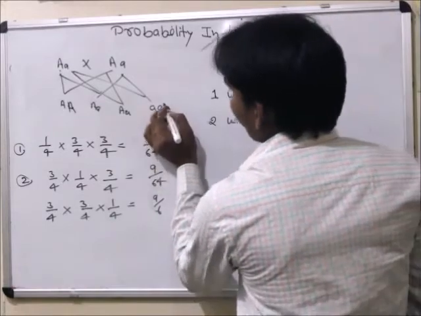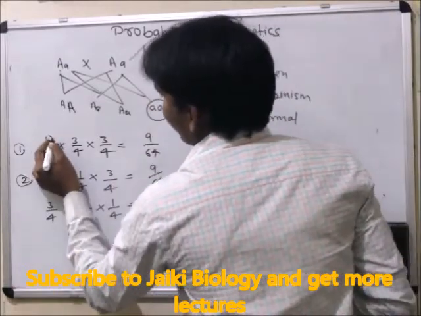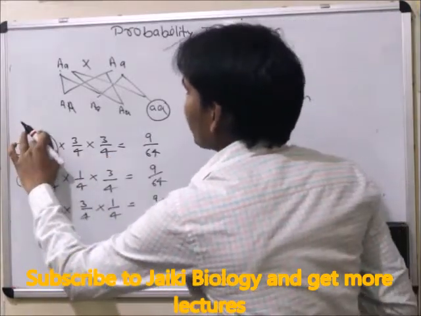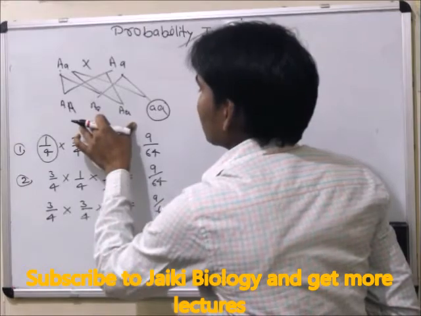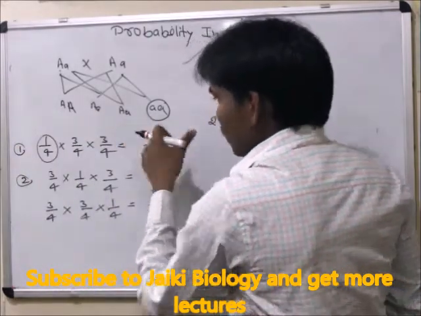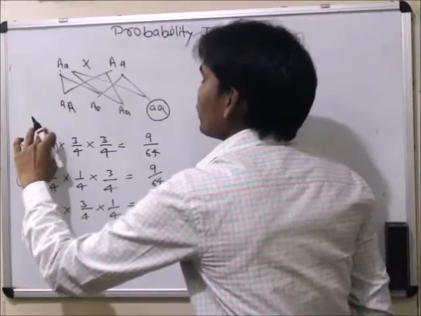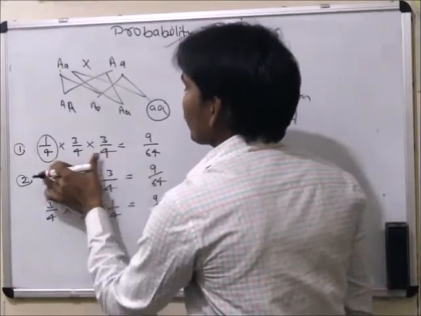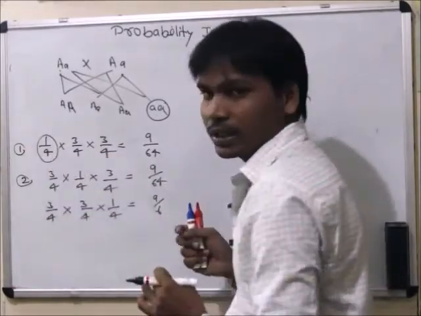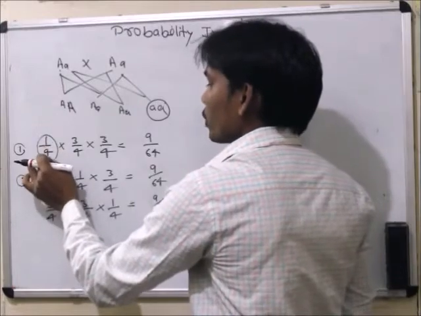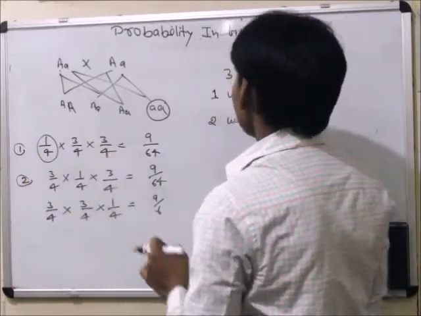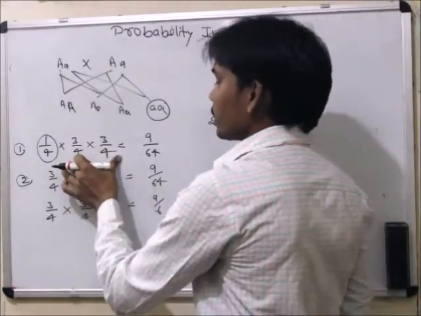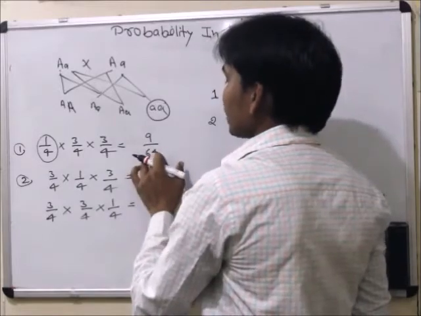The probability of albinism occurring is 1 by 4. In these sequences, if the progeny is born, the first child could appear with albinism, and so the sequence would be like this. In the first sequence, 1 by 4 for albinism, and the other 2 of the 3 children are normal, so the probability would be 9 by 64.